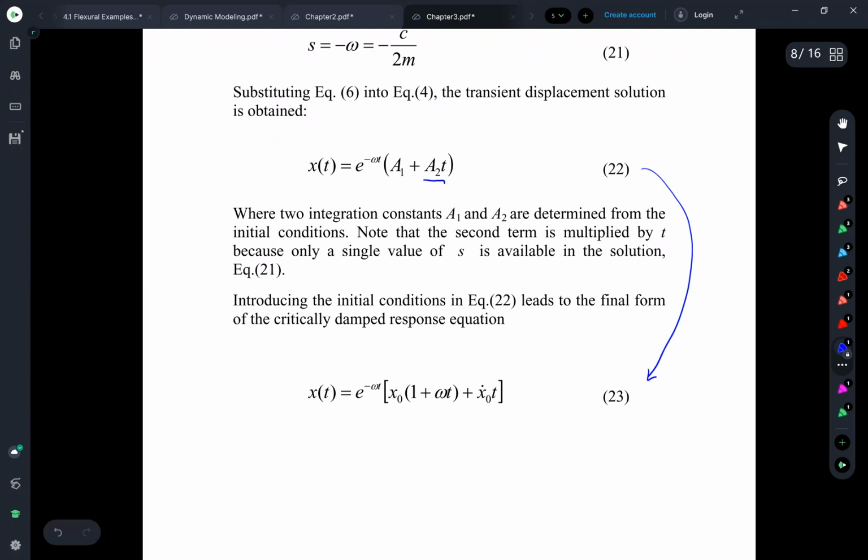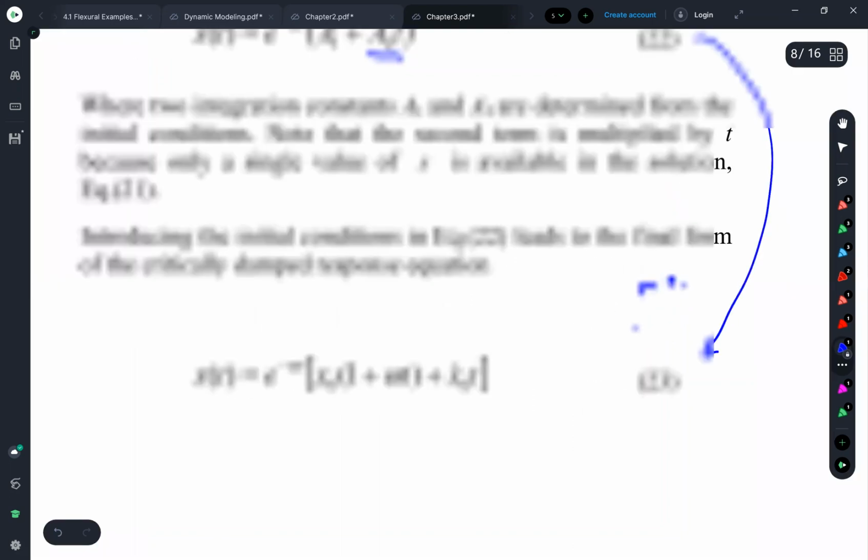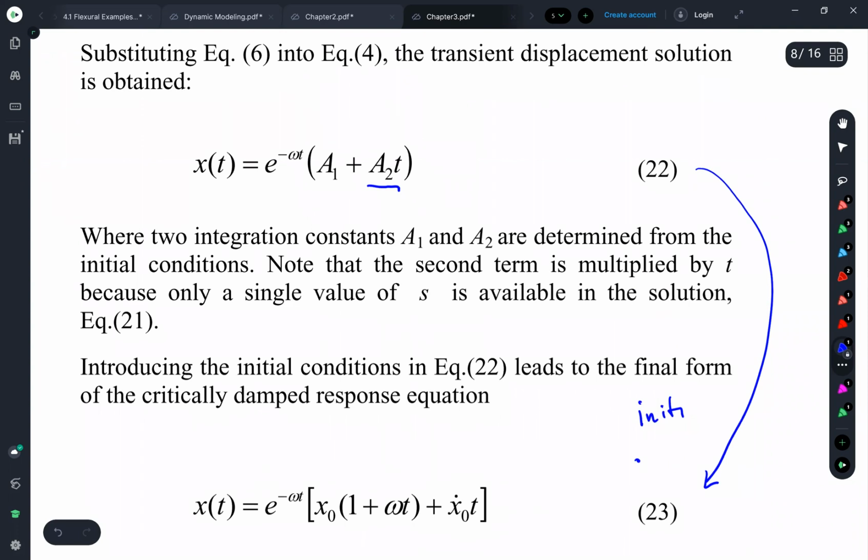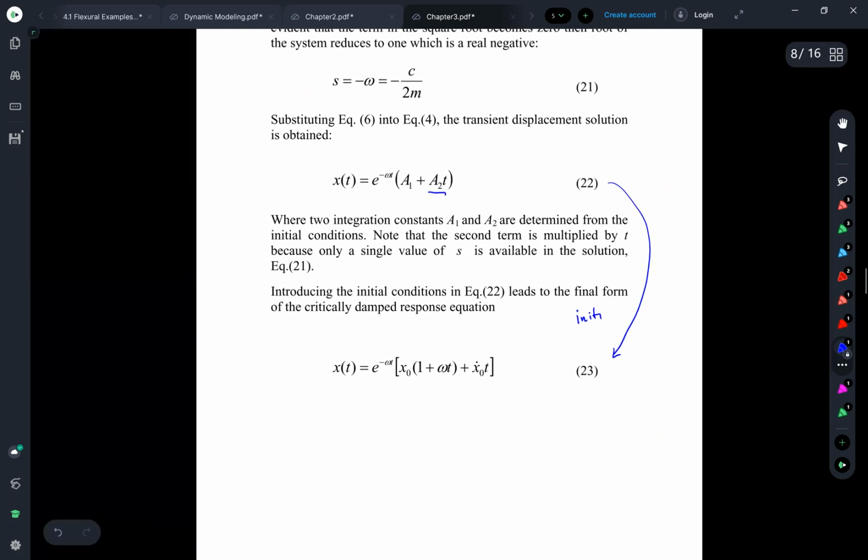Here, you introduce the initial conditions, where you say x0 equals this term and x dot 0 equals x dot 0. By introducing these two initial conditions, you obtain 23.